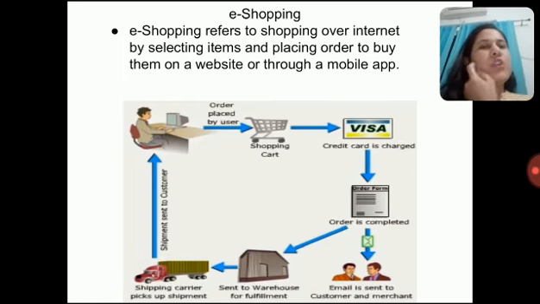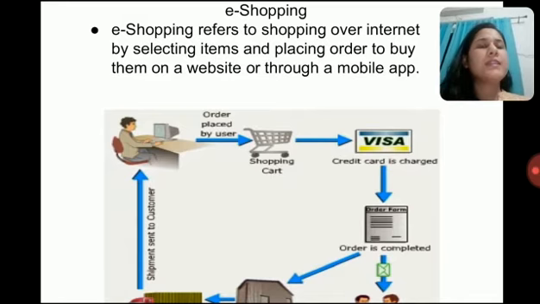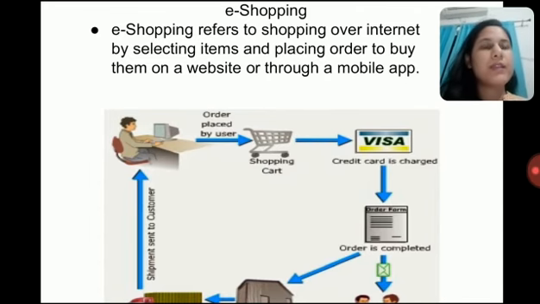And e-shopping refers to shopping over the internet. You're using the internet, of course, by selecting items. These are maybe called the steps: you select the items first, and after selecting your desired products, you can place orders to buy them. Two means, one website, one mobile application.